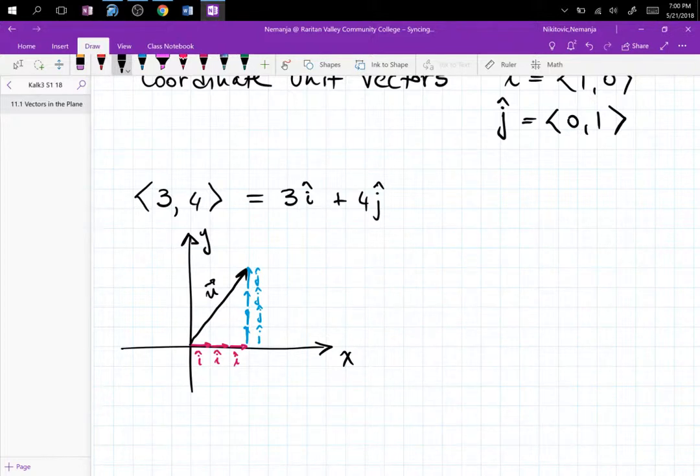What are these guys? These are actually your number 1 from your one-dimensional number line, right? You have number 1, 2, 3, 4, 5, and everything is in units of 1, because 1 plus 1 is 2, and then plus another 1 is 3, plus another 1 is 4. So 1 is the unit, right?